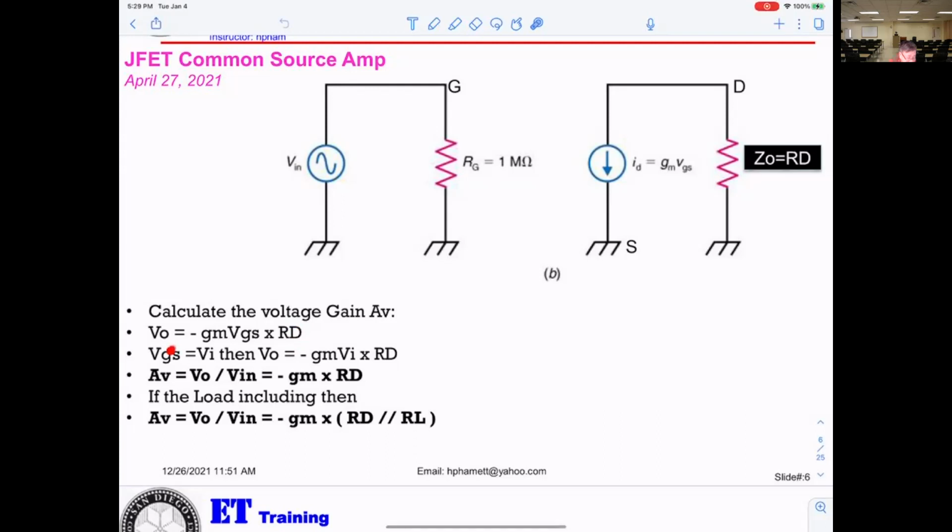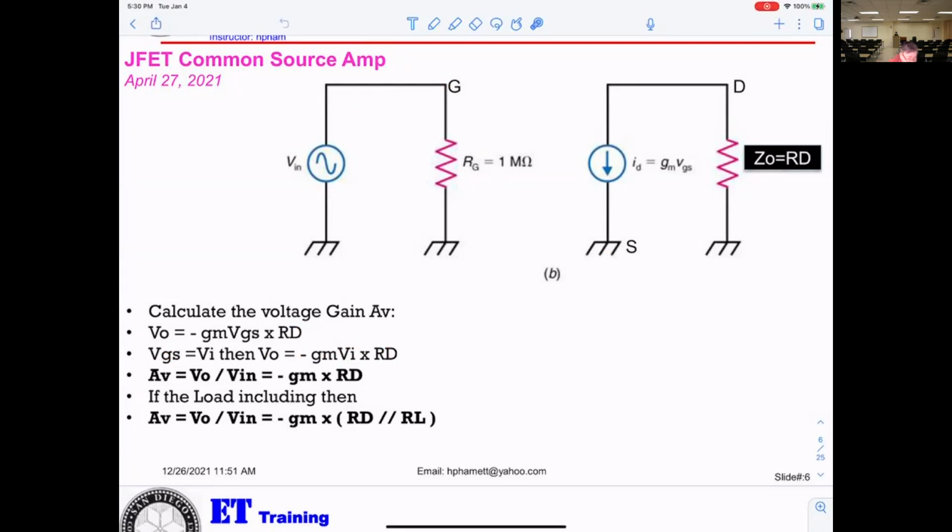Now, VGS, that means the voltage from VG to S, is the same thing as Vin. So Vout you can now calculate as equal to minus gm Vin times RD, and that's how you get the gain.